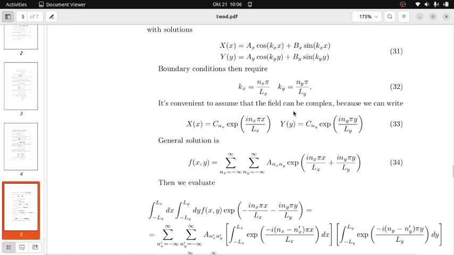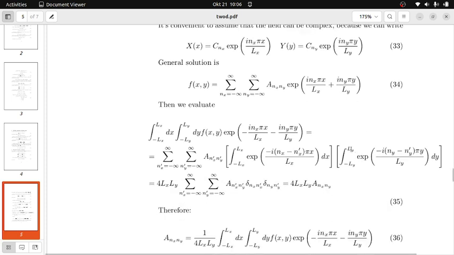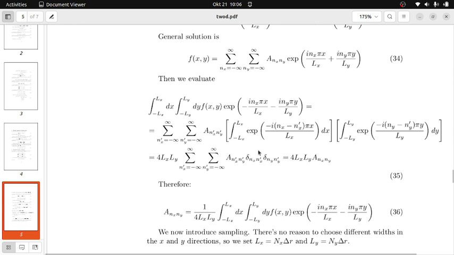So the general solution would be, this is important, nx runs from minus infinity to infinity, not 0 to infinity, and ny the same thing, and then we have a constant for each of nx and ny, and this complex exponential here. Alright, and then if we just evaluate, as before, the integrals of these exponentials, they are orthogonal, just like integrals of sines and cosines.